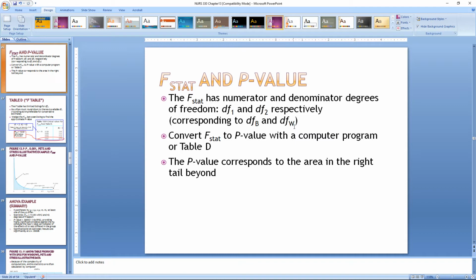These are just showing us the critical points: if an F stat is higher than this, then it is significant past that point, but underneath that point, it wouldn't be significant. The only way to actually find the true p-value is to run statistical software, either SPSS or SAS or an R program, or you can even use Excel to some degree. This is where Excel starts getting a little tapered off, but it can still run simple ANOVAs, and you have to run extra things to get more out of it versus SPSS.